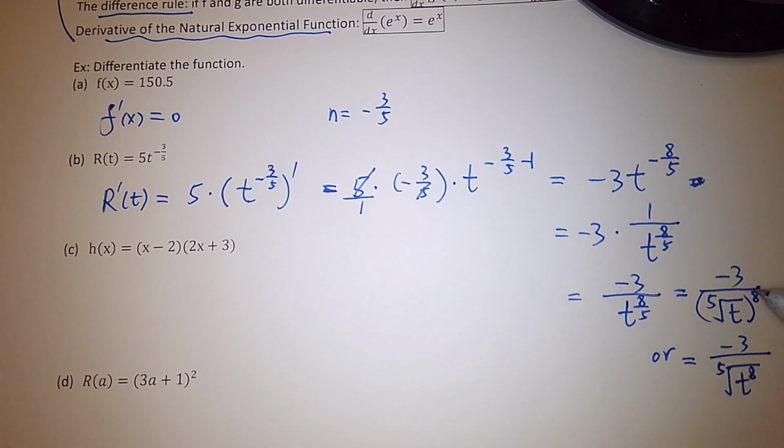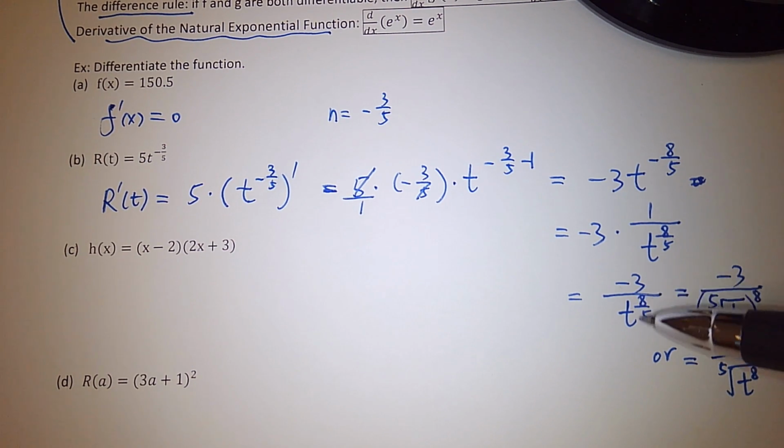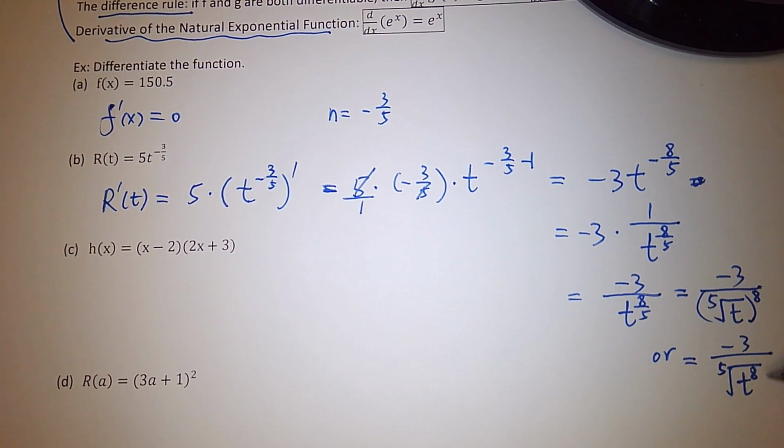Either way, we can put the 8th power outside of the fifth root of t, or do t to the 8th power and then the fifth root. If the question asks for no negative exponent and no fractions for the exponent, they want you to describe it as a radical expression, then you can improve this.